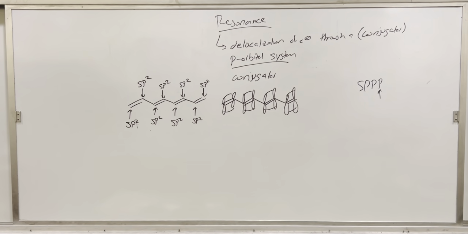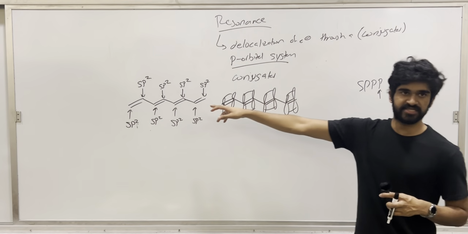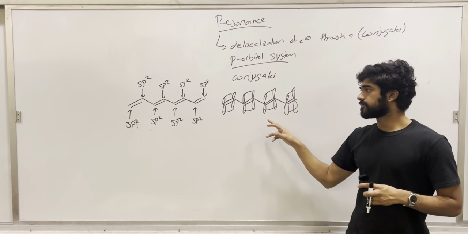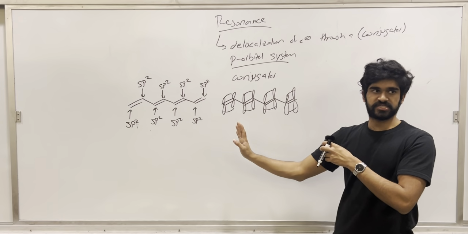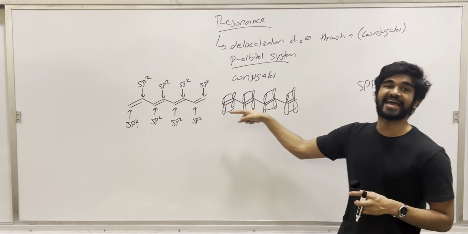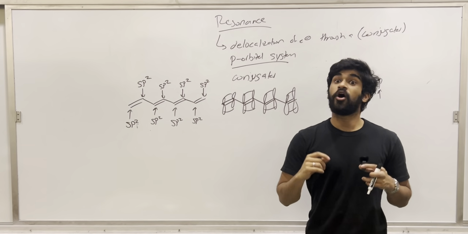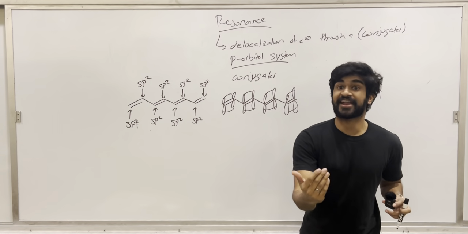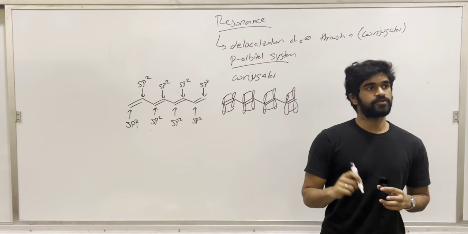Okay. So, that being said, if you can see this and you can see that, you can merge the pictures and understand that conjugated systems are basically just lines of sp2 carbons or sp2 atoms in general, right?